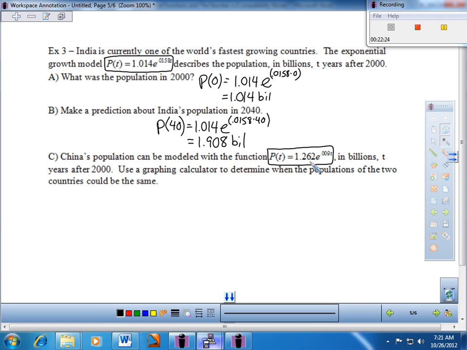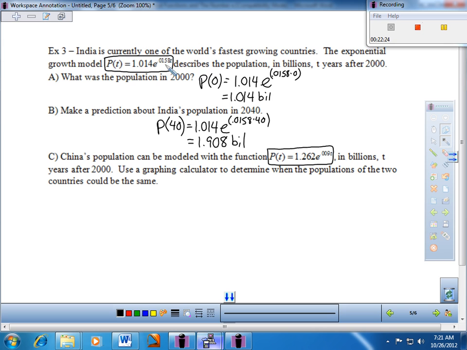And this was the population in the year 2000. Again, you kind of see that in billions, 1.262 billion. Notice the growth rate is lower. So this number right here is a slight variation on a growth rate. We'll definitely talk about this. You don't have to be too concerned about this piece right now. But basically, you can see it's a lower number than the one for India right up here.